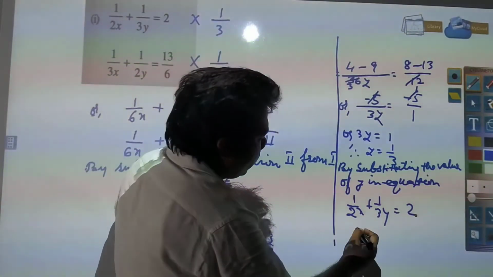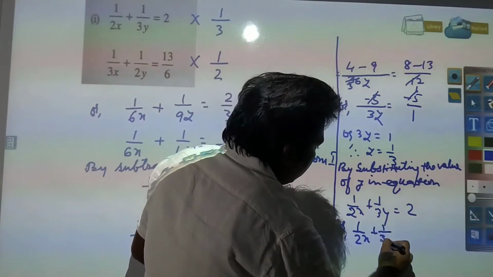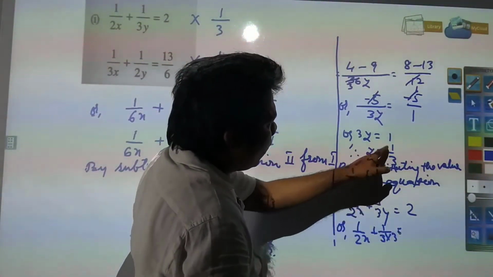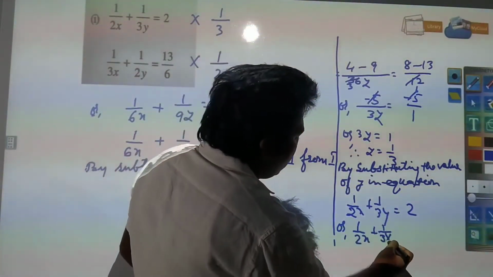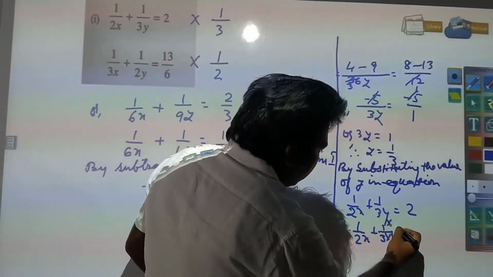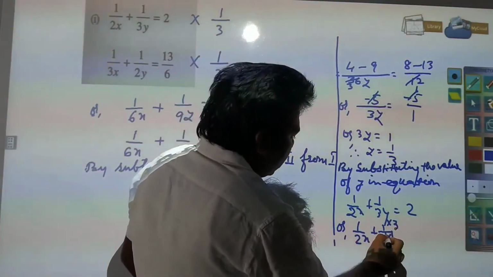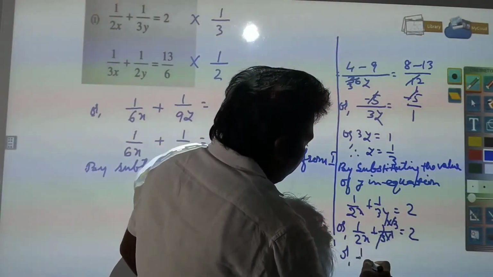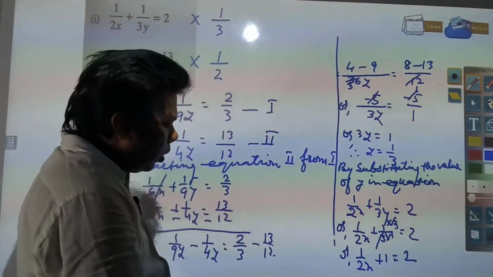So here you will have 1 by 2x plus 1 by 3 into 3, and that is 3 into 1 by 3. 3 into 1 by 3 means what? Here 1 you will have and here 3 you will have. The 3 will go in the numerator, and 3 will be cancelled, and you will get 1 by 2x plus 1 is equal to 2.